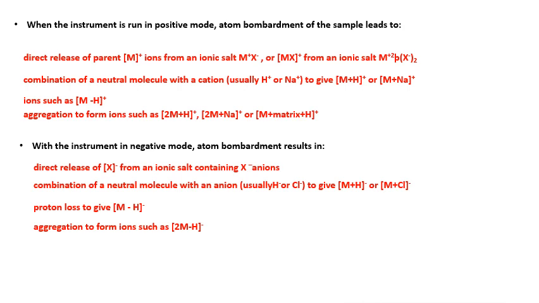Then there is combination of the neutral molecule with a cation, usually a proton or Na+. So in your mass spectrum you will get the peak corresponding to M+H or M+Na. Your neutral molecule will combine with one proton or one sodium ion to give that MH+ or MNa+ ion.